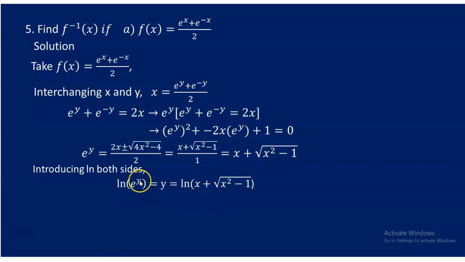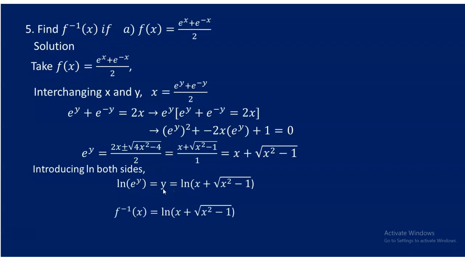But we know that this y can come down in front, and now ln e is 1. Logarithm of e to the base e is 1. So you now have y. The one we were looking for comes here. y is ln of x plus the square root of x squared minus 1. So what do you put in place of y? Now f inverse of x can be used in place of y.